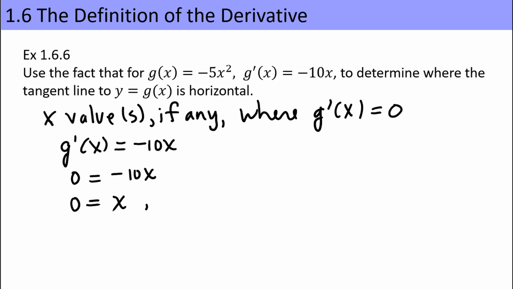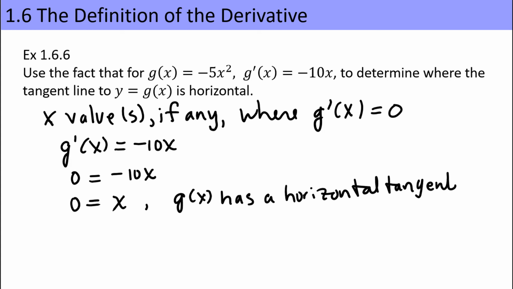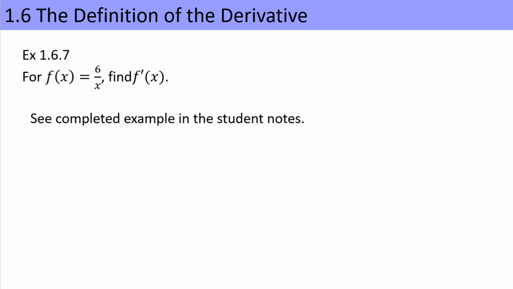So we conclude that g of x has a horizontal tangent line at x equals 0. Example: for f of x equals 6 divided by x, find the derivative f prime of x. Please see the completed example in the student notes.